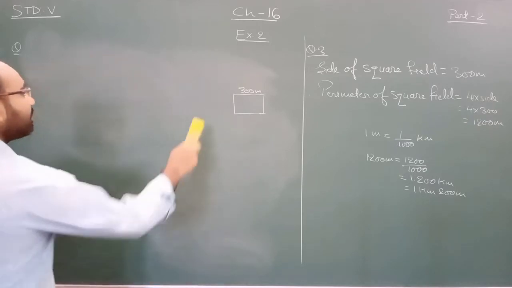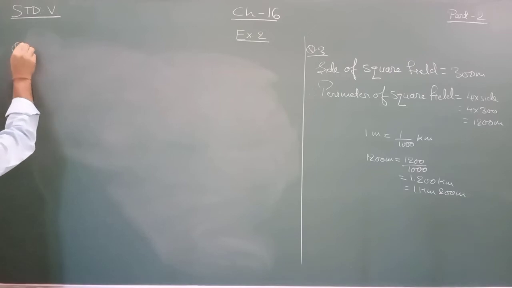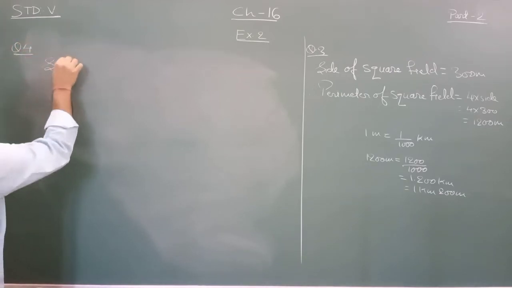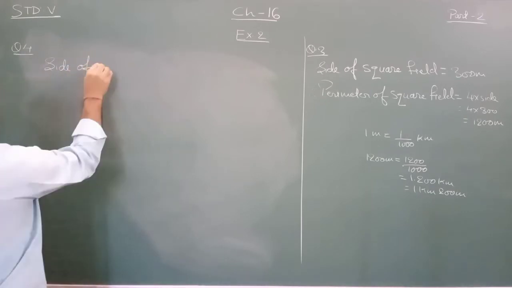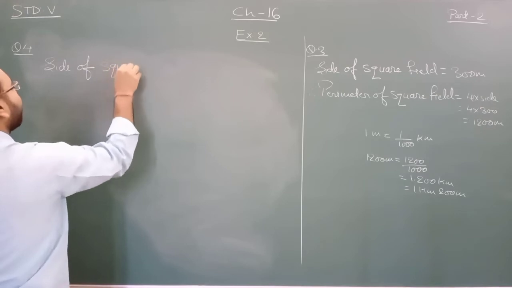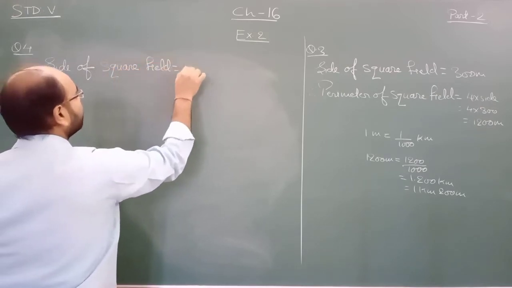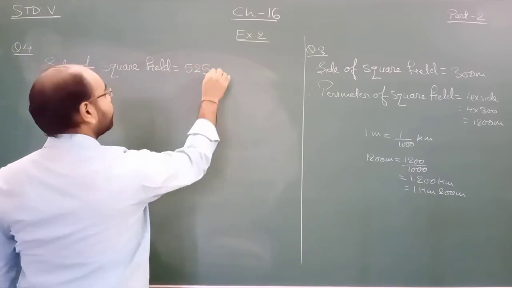Then, so what we will write is question number 4. Side of square field is equal to 525 meter.